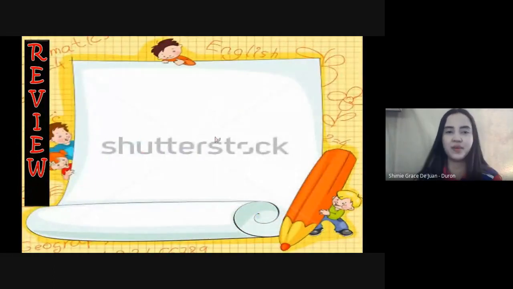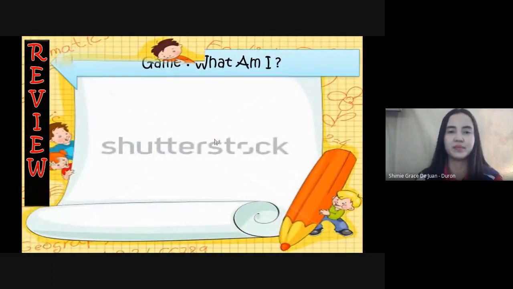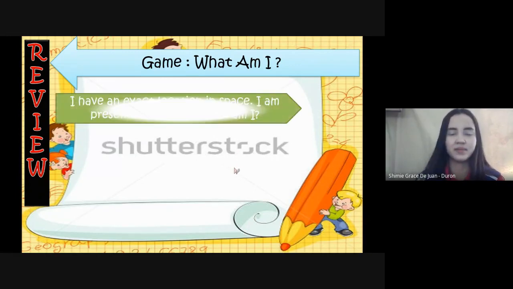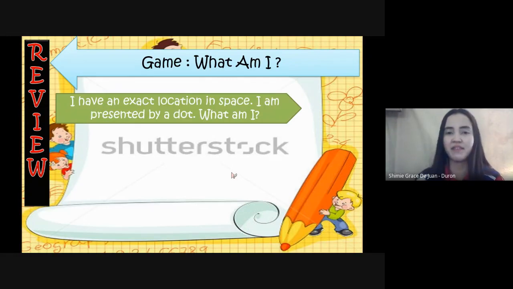Let's have a review. Let's have a game. What am I? I have an exact location in space. I am represented by a dot. What am I?